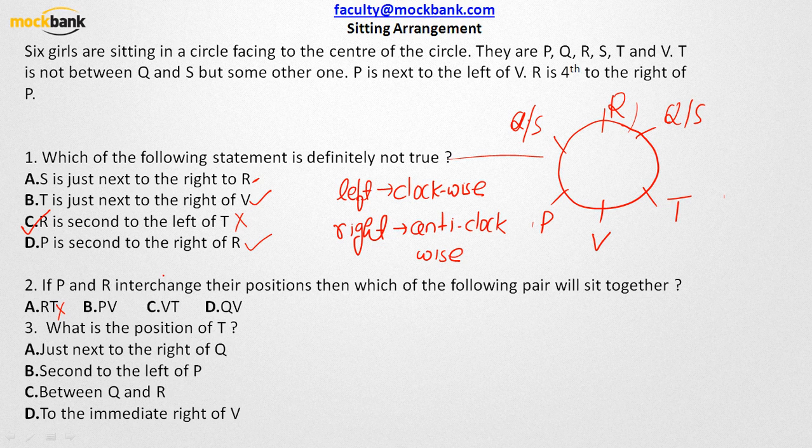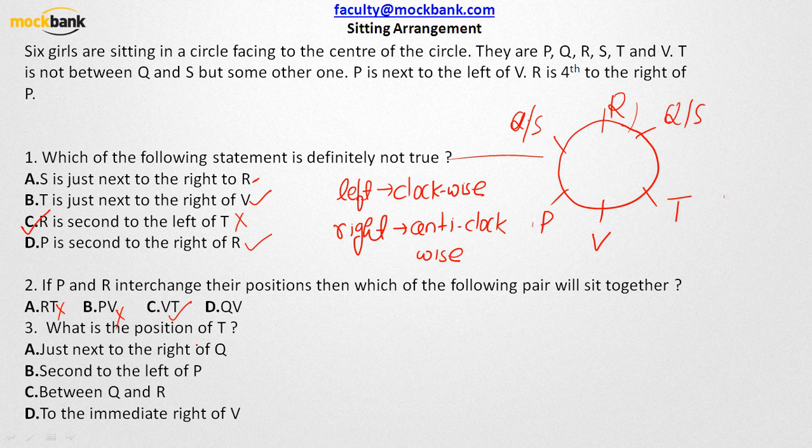No, P is not going to be together with V because P has changed position, so this is not the answer for sure. VT, yes, if P and R are changing their positions, it has nothing to do with this person. V for sure is going to be sitting beside T. So this is the answer.